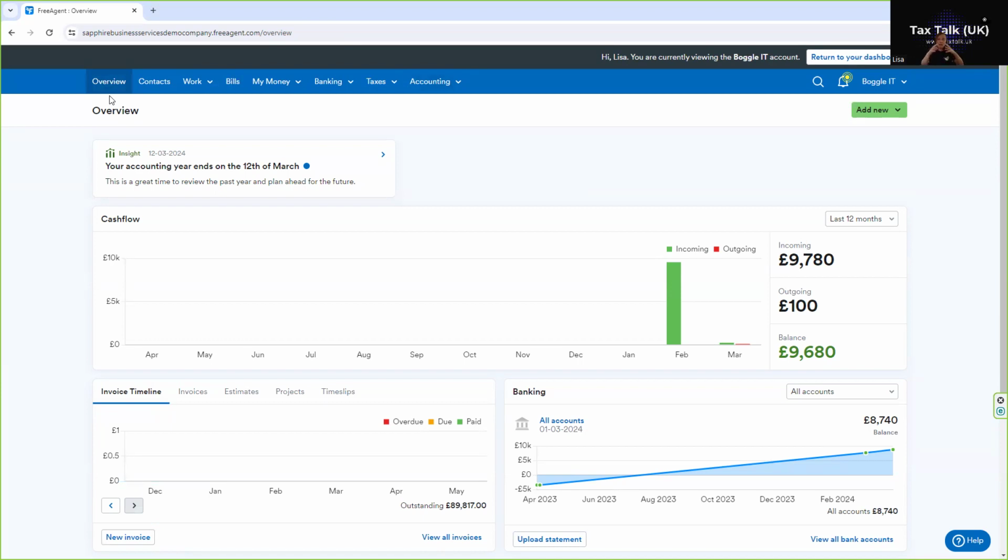Hopefully you can understand why I explained first what we were trying to achieve, because remembering that helps you understand in your mind what you're actually doing, whether you're using bills or expenses.